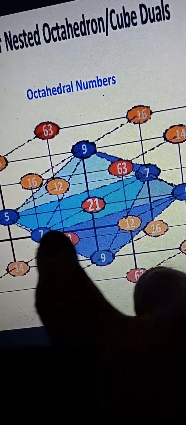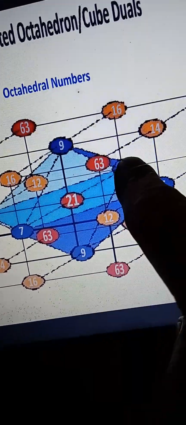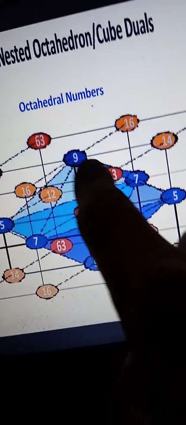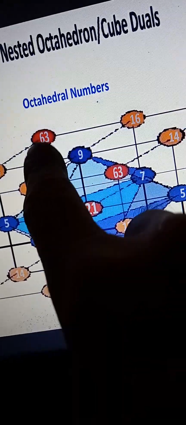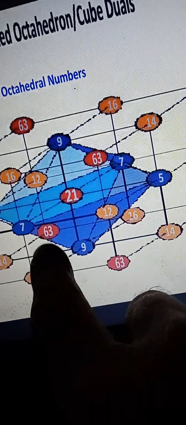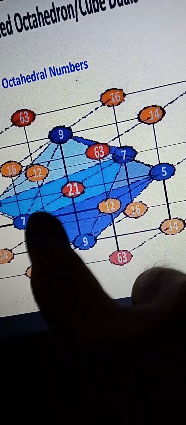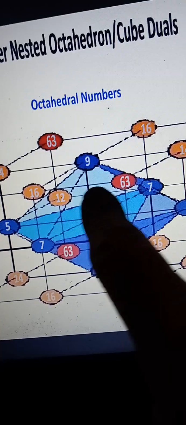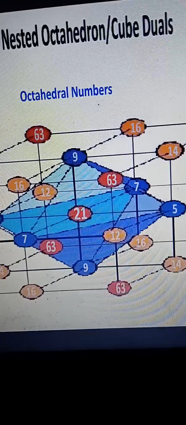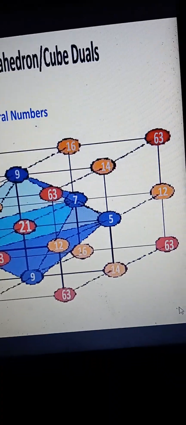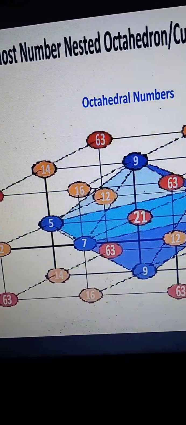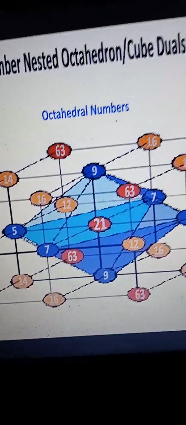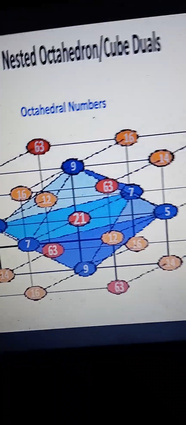This triangle plane points up, this triangle plane points down, the same way over here. This triangle plane points up for this, going across, and this triangle plane points down, and they're inverse to each other. But there's a lot of stuff that I haven't learned about the stripped down version of the Magic Ghost Number cube, the nested octahedron cube duals.